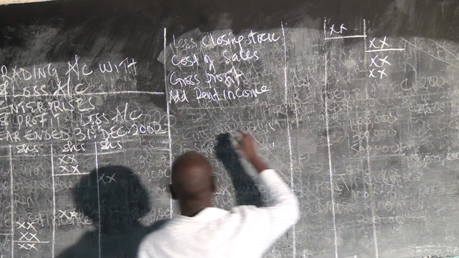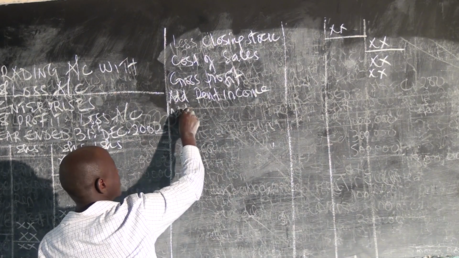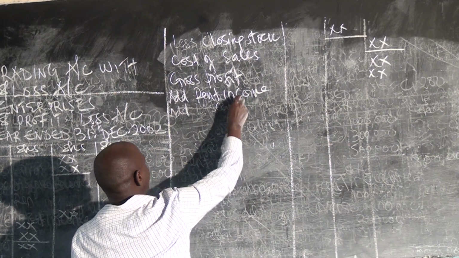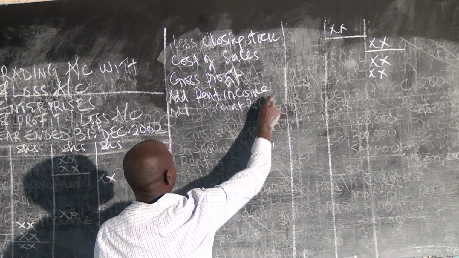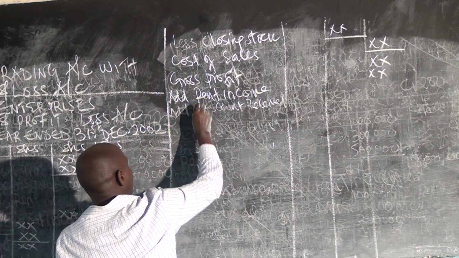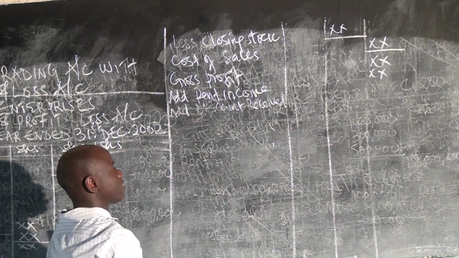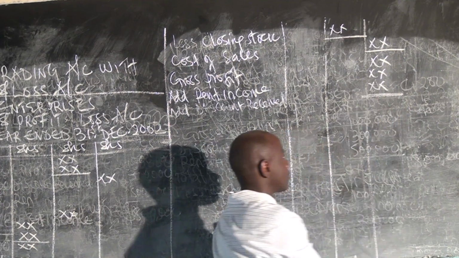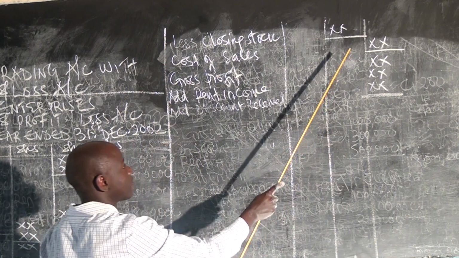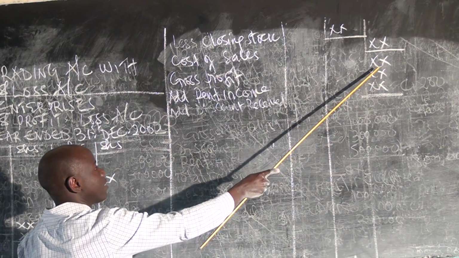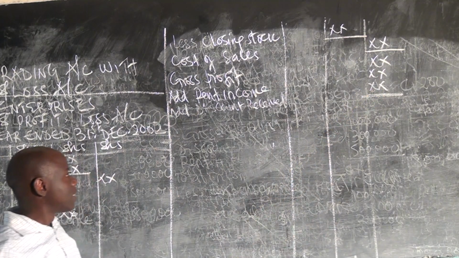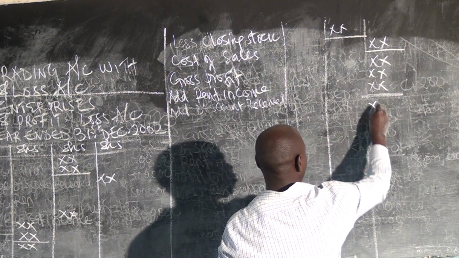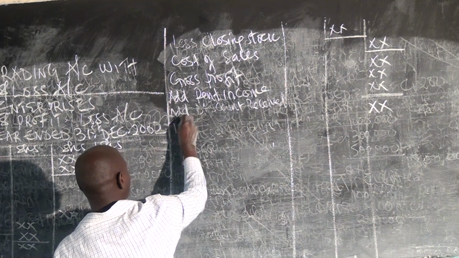Rent income. We can as well add there discount received. When you add it there, this gross profit plus rent income plus that discount received, what you get is what you call the total income.